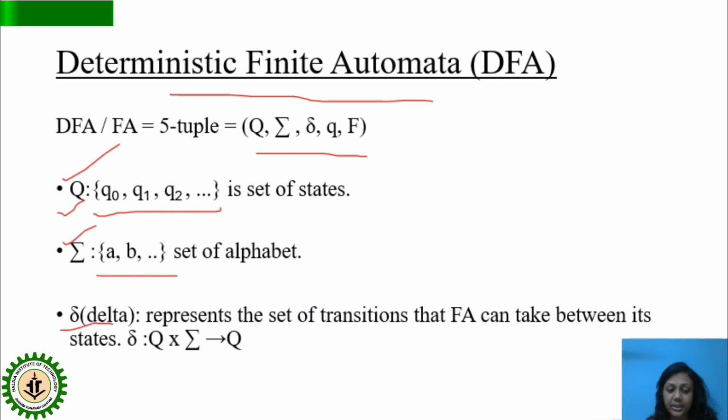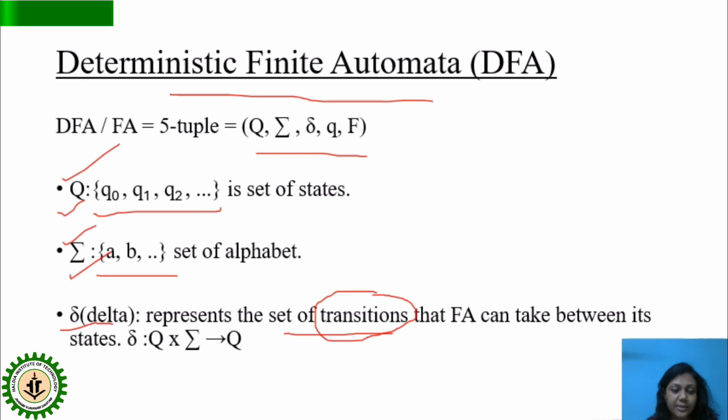Now what is delta? Delta represents the set of transitions. What do you mean by this term transition? That means going through a change, going from one state to another. So that will be called a transition. And that transition will also have an input, which is called the input alphabet.